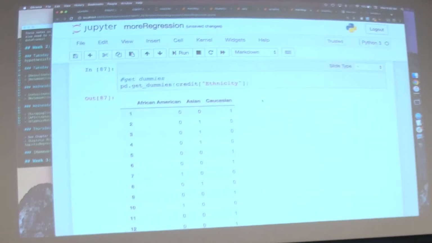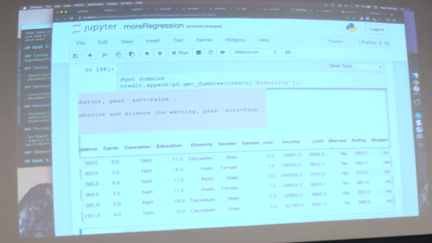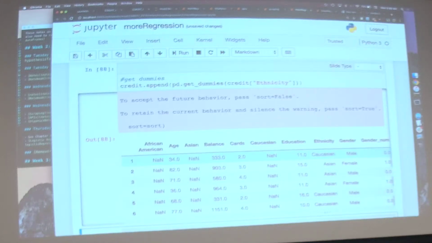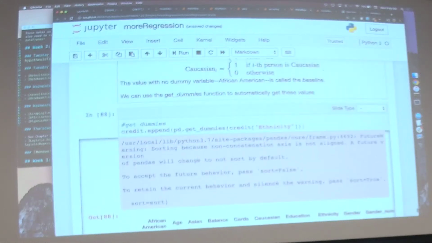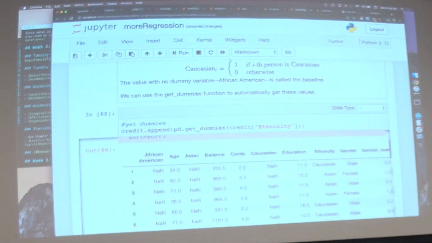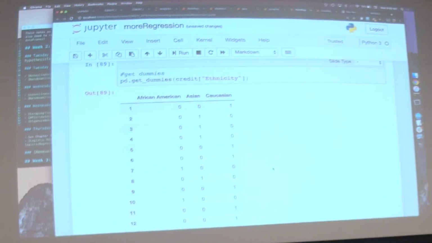This gives me 3 new columns, and in any case, get_dummies will give me the new columns, and then I can use these variables in regression.